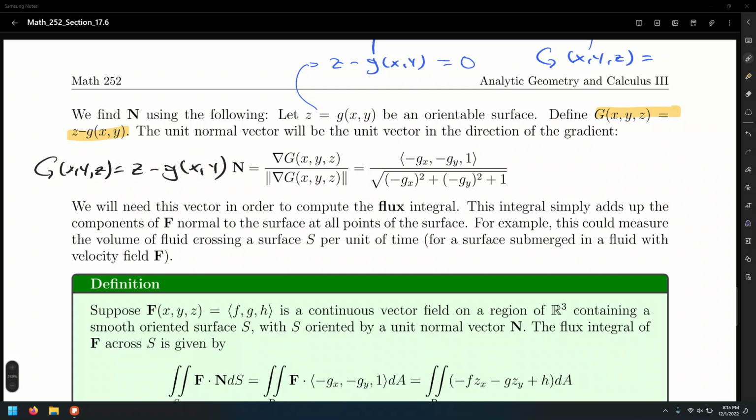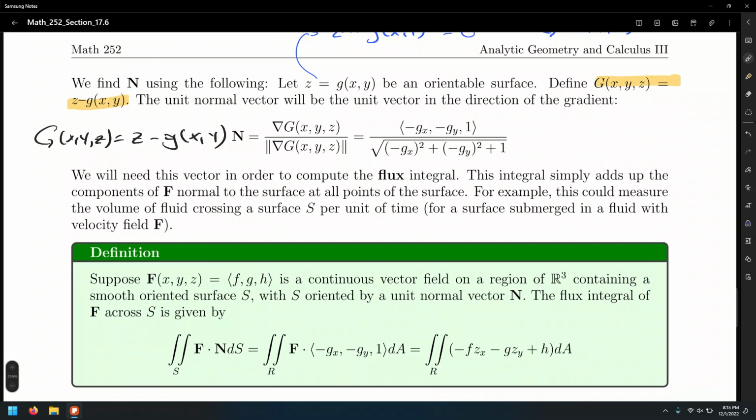Now, this is the element that we're going to use in these integrals. You might remember this double integral of F dotted with n dS. It was actually dr back in Green's theorem, when we had the planar region. Now we have a solid surface over here.